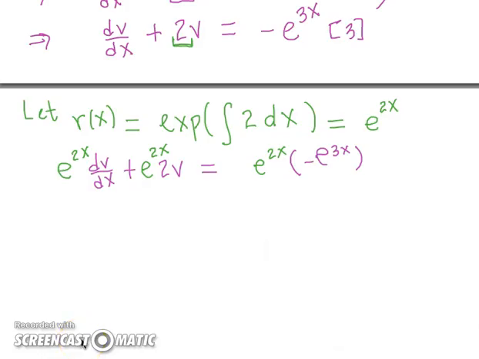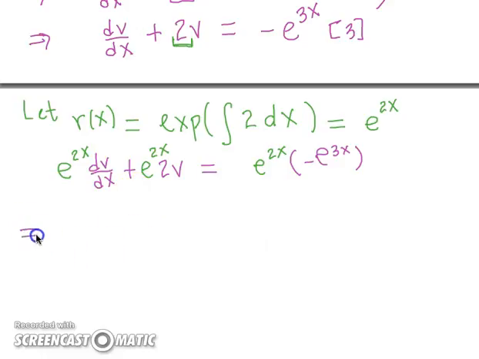So what we do next is multiply every term in equation 3 by r of x. In other words, we multiply e to the 2x on both sides of equation 3, and we obtain this expression right here.